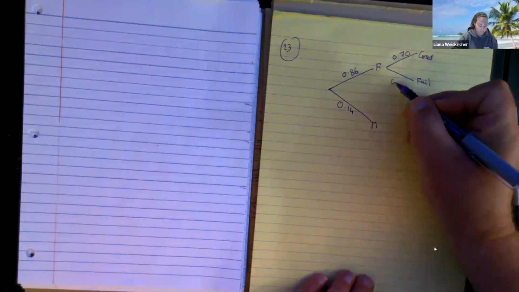They don't tell me that, but I know what it is. That's all you need to know. 70% graduate. It's not a trick question. How many fail? 30. There. Isn't it the complement? The rest.